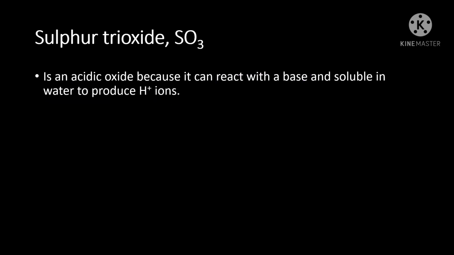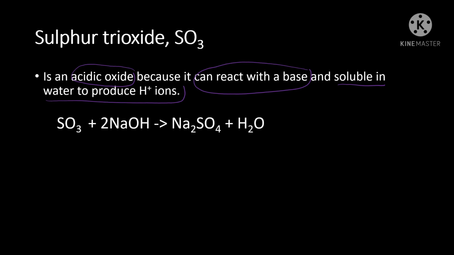Sulfur trioxide is an acidic oxide because it can react with a base and when dissolved in water can produce a solution with hydrogen ion. For example, sulfur trioxide SO3 reacts with sodium hydroxide base to give us sodium sulfate salt and water.